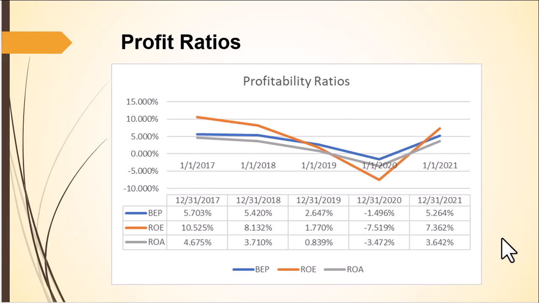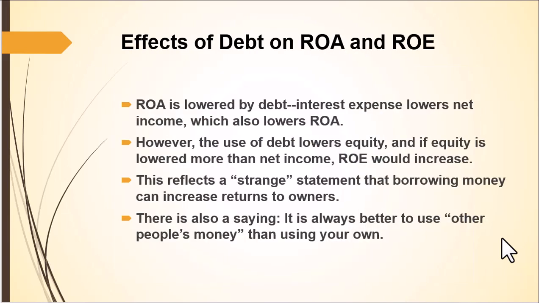But their profitability is going to be low because they have more interest expense than Budweiser. That is going to have an influence on ROA, which makes it difficult to make comparisons. So, return on asset, again, is lowered by debt, I've already talked about this. Interest expense lowers that, so it's going to have an impact on ROA.